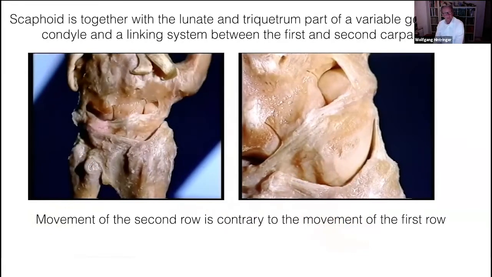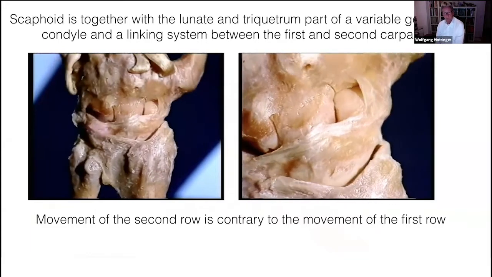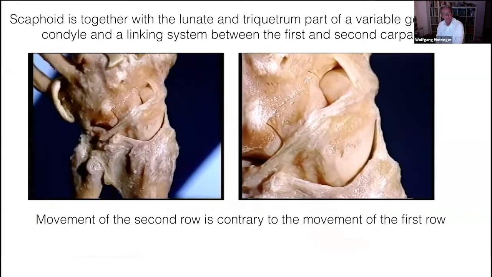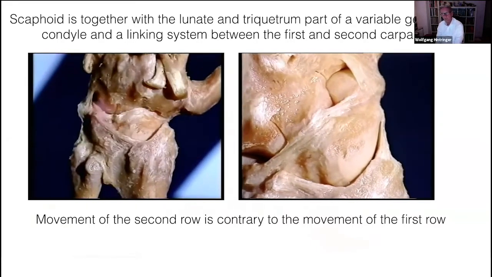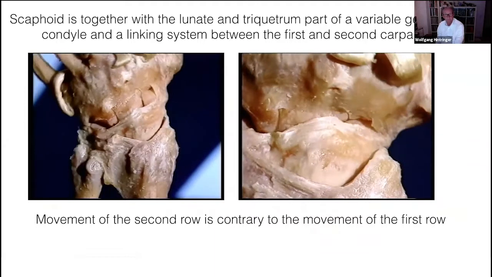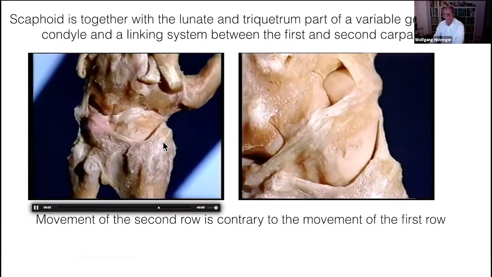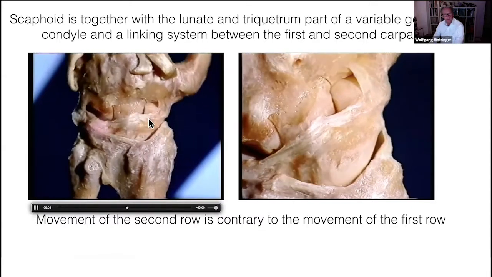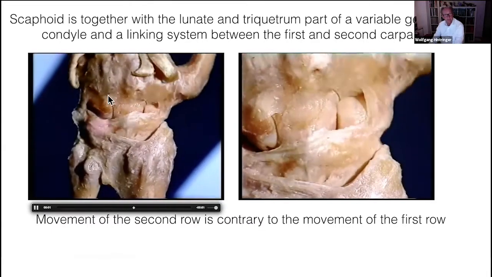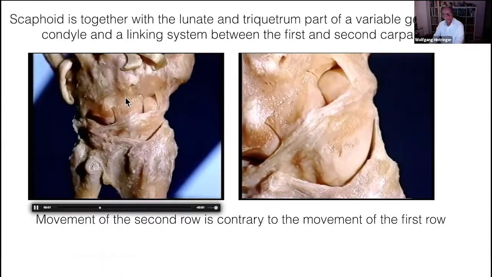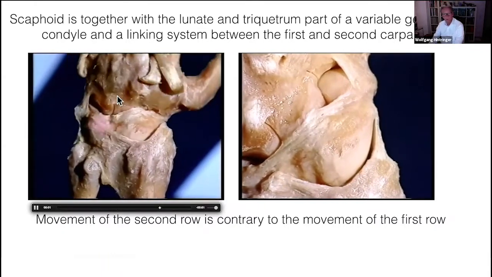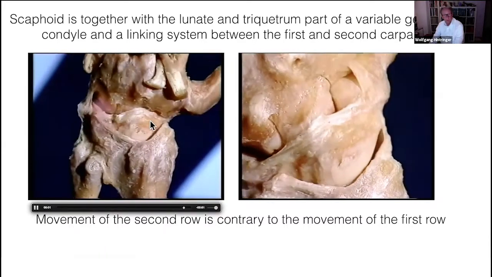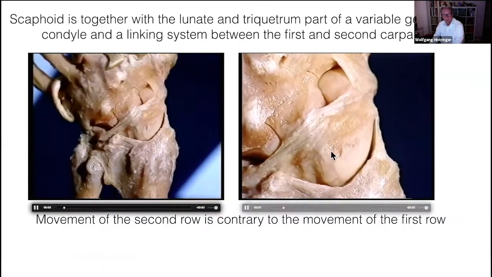The scaphoid is, together with the lunate and triquetrum, a part of a variable geometrical condyle and a linking system between the first and second carpal row. What does that mean? You have here radius and ulna as an uninterrupted articular surface, and on the other hand, you have here the distal carpal row, which is a monolith and has no motion, and the proximal row is a variable geometrical condyle.